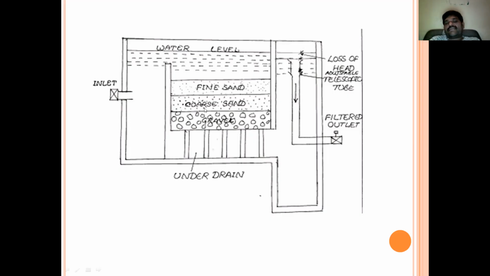In that case, the top 2 to 3 centimeters of the sand has to be removed by using mechanical scrapers, and again that gap will be filled up with fresh sand or new sand, or else after washing the same sand can be utilized. This is about the slow sand filters.